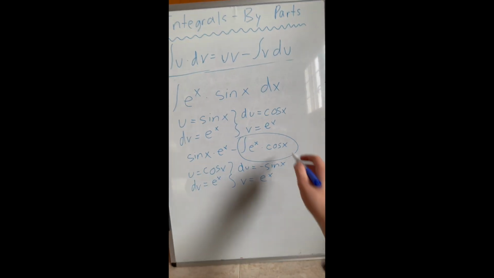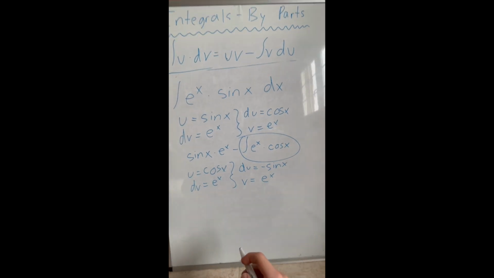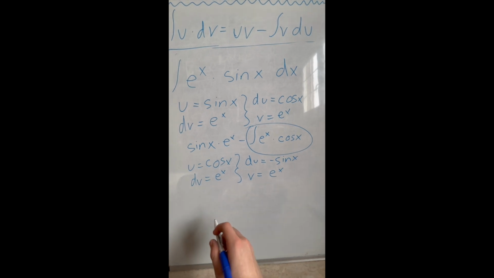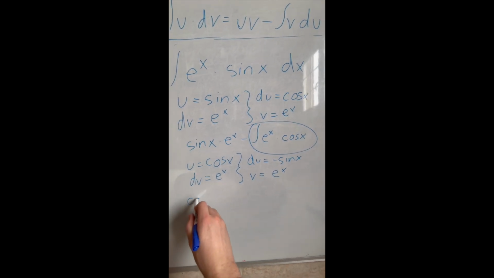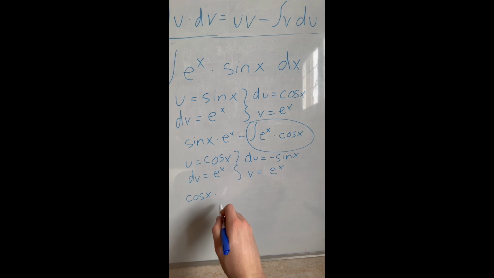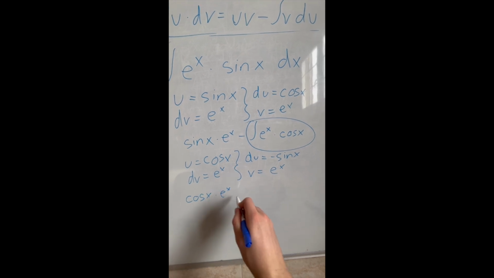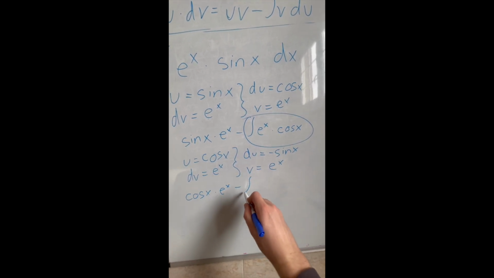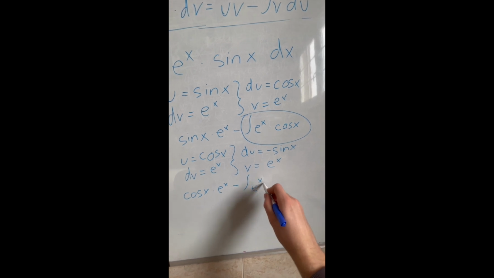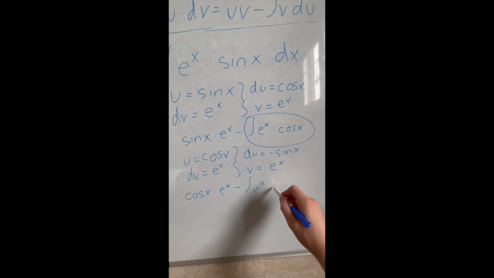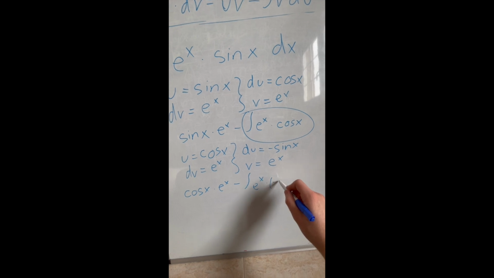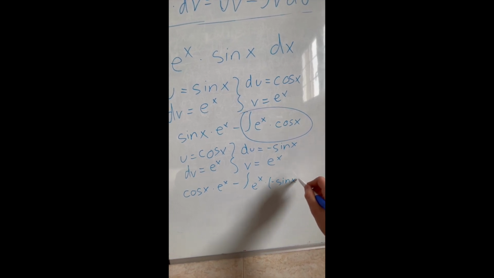So if we solve only for this, we know that this is going to give us u times v, cosine of x times e of x, minus v e of x times du, minus sine of x.